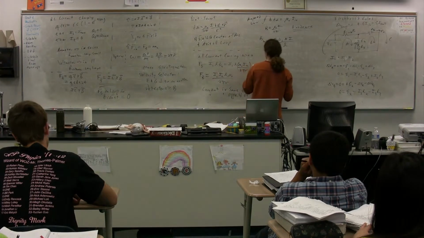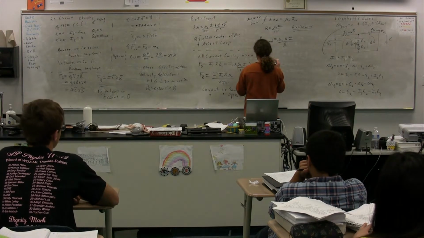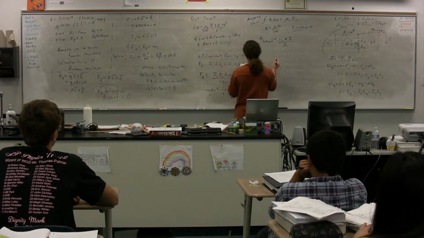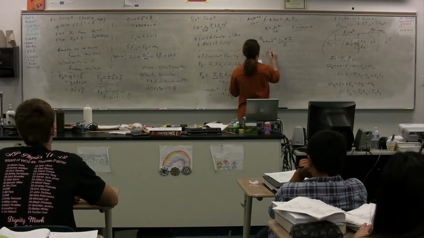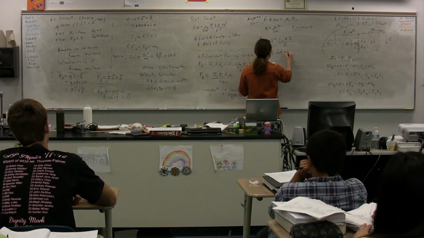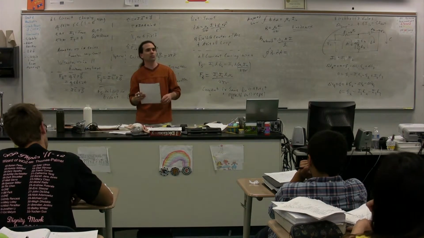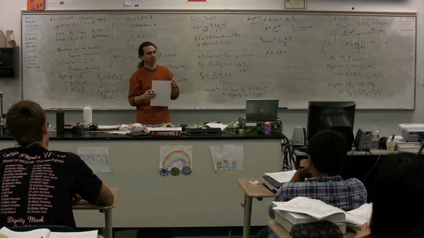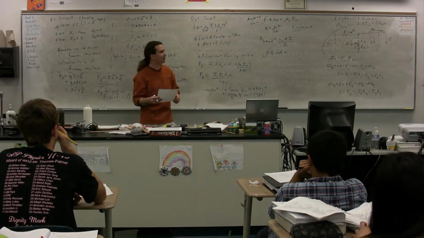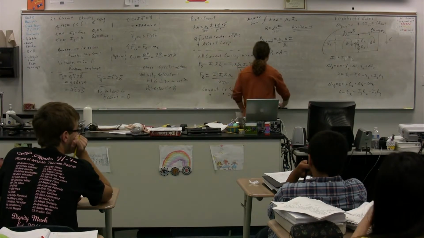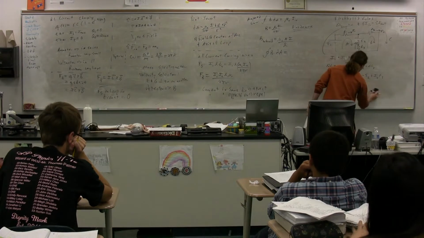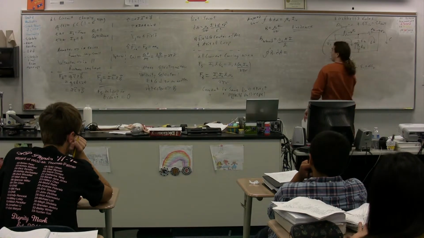We have Gauss's law in a magnetic field: the closed loop integral of B dot dA is equal to... Mohit. Gauss's law in a magnetic field. dA cosine theta?